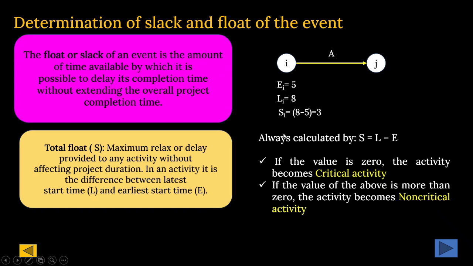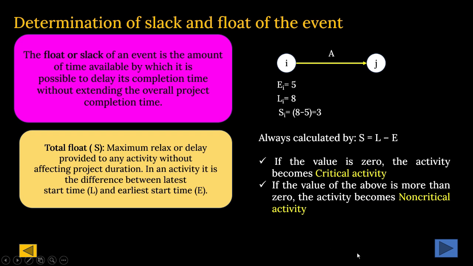Float is always calculated as S equal to L minus E: latest start time minus earliest start time. The difference between them is known as the slack. Initially we said that if the value of S is 0, that becomes critical, but later on we observed that this does not always hold good, so we have to go for calculation of relax.